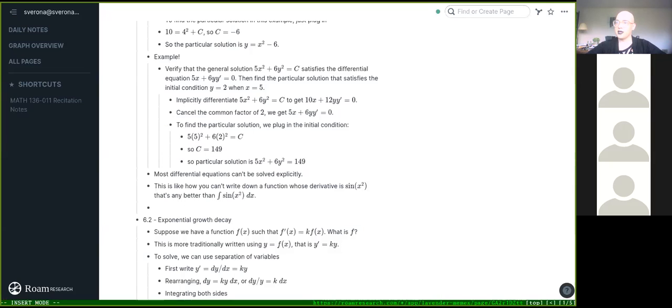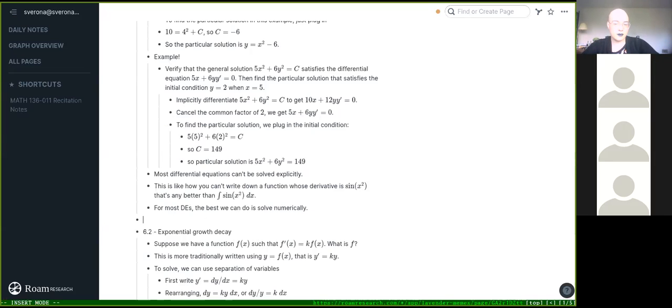Okay, where was I? So for most differential equations, the best we can do is solve numerically. There are a few ways to do this.